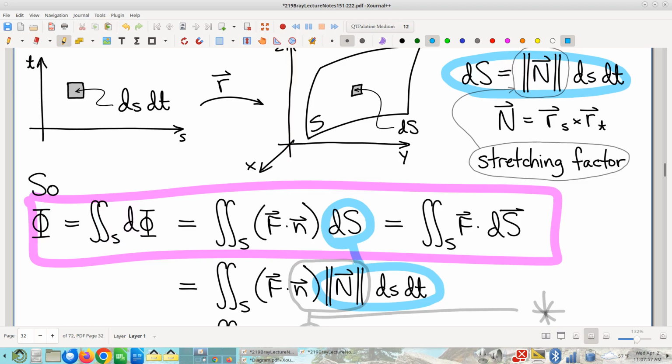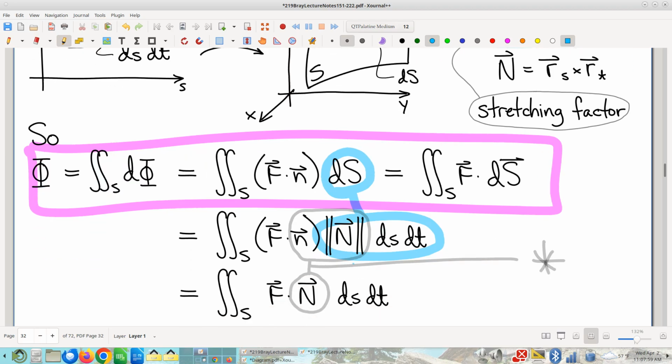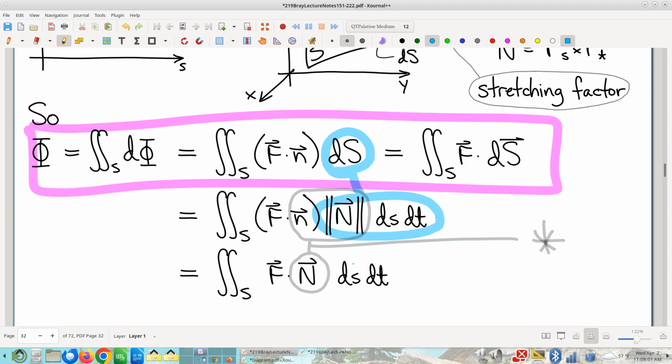Then look what we end up with. Let's see here. Let's think this through. We have the magnitude of capital N. Then we have a normal vector perpendicular to the surface. Oh wait, capital N points perpendicular to the surface.